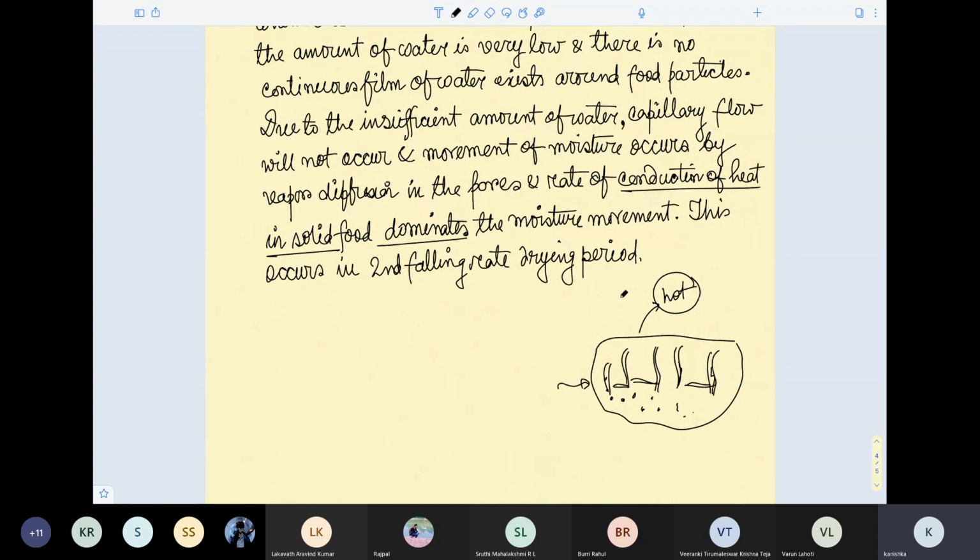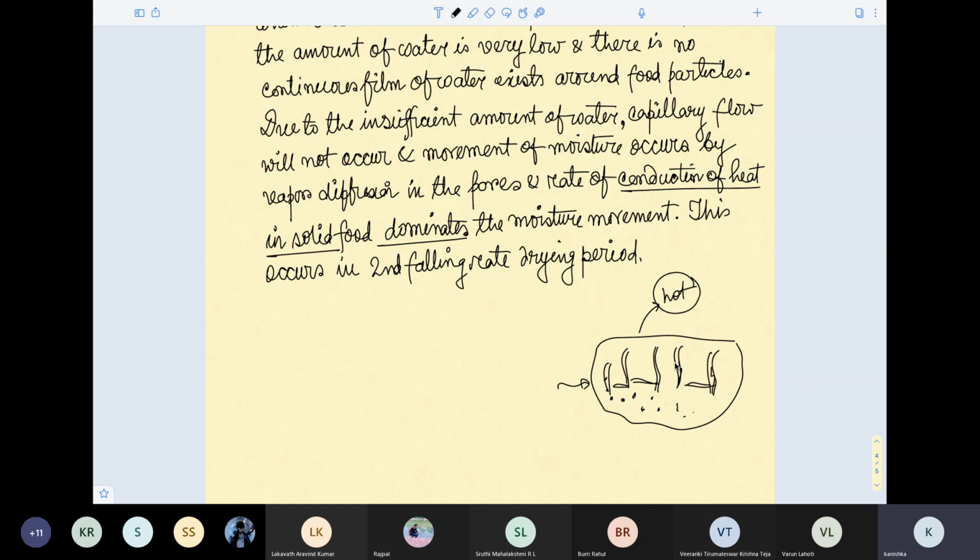The hotter zone develops vapors, which move upwards within the food product. When they reach a colder zone, they condense; when that part gets hot, they turn into vapor again and move on. So this is called diffusion control drying, and it occurs in the second falling rate period.